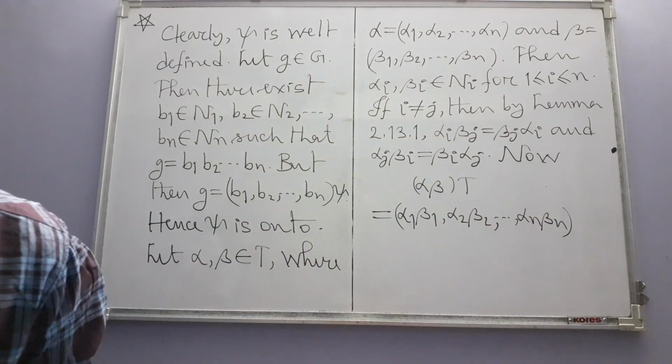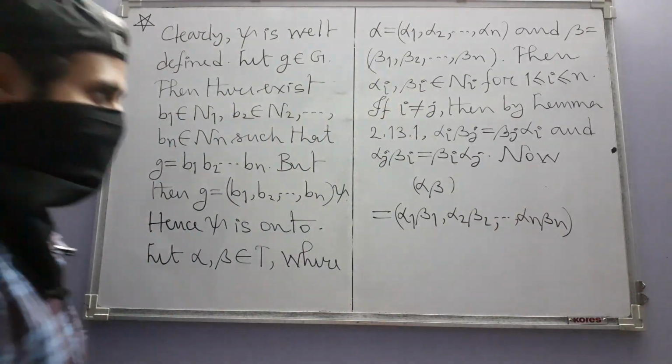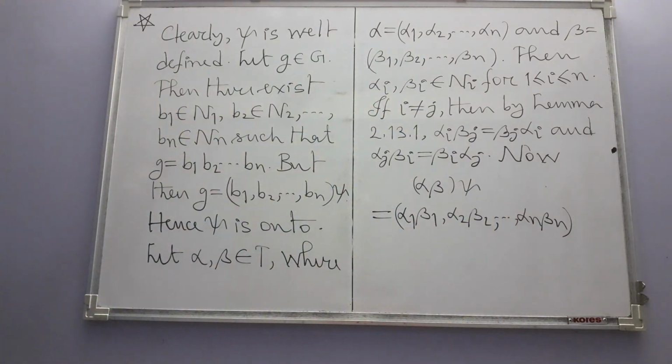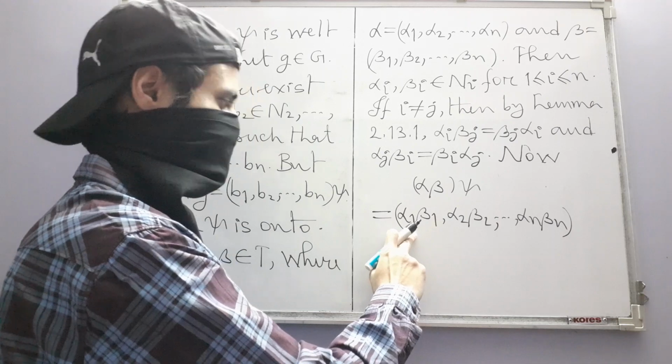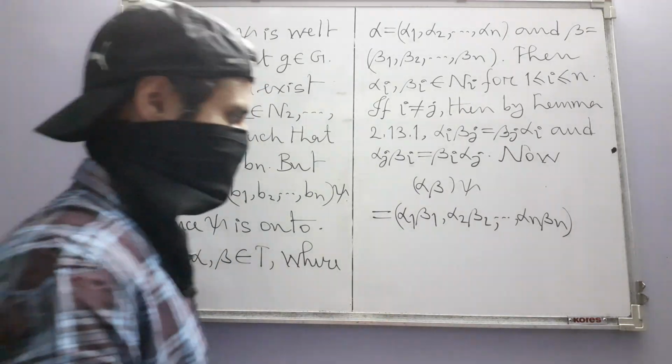Oh, what the hell? This is not T, this is psi. Sorry. Okay, because the definition of the binary operation in T is component-wise product. That's why.